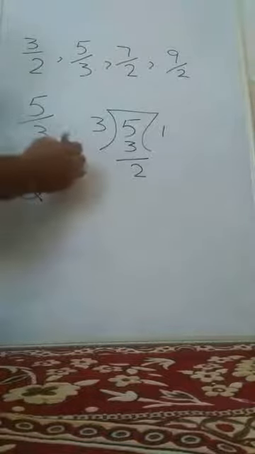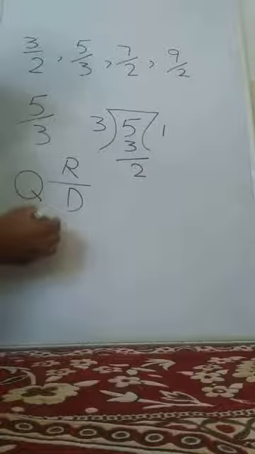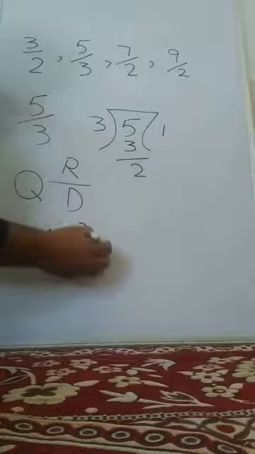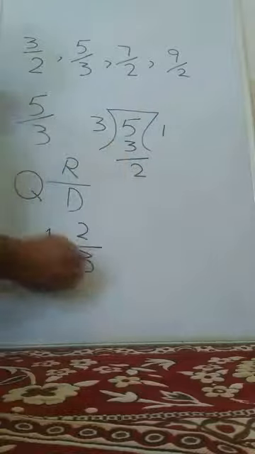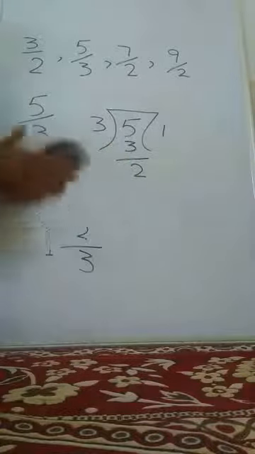Q quotient, R remainder, D divisor. Quotient is 1. Remainder is 2. Divisor is 3. 5 by 3 equals 1 and 2 by 3.